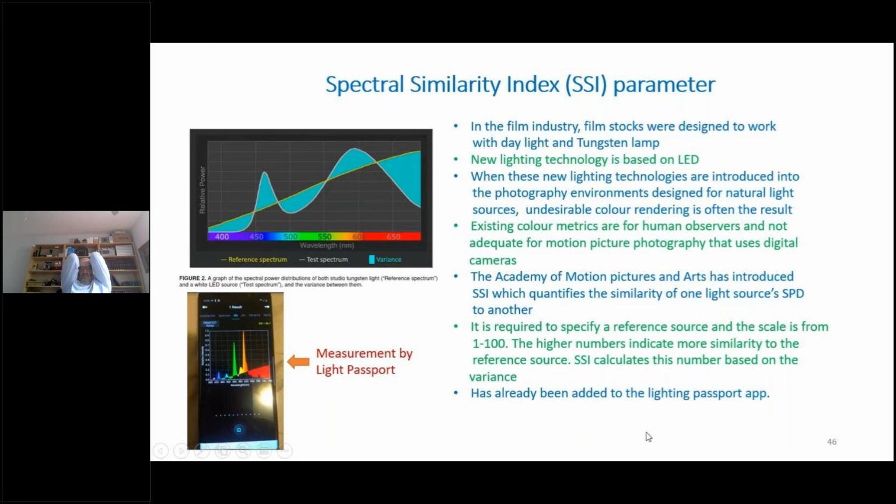So numbers close to 100 mean good SSI and close to black body. This has already been added to the lighting passport. These existing color metrics would not work for this because they're all based on human eyes, but for photography, they use digital cameras. So here is a measurement that I took from a fluorescent lamp using a lighting passport, and you can see the curve that shows the SSI parameter.